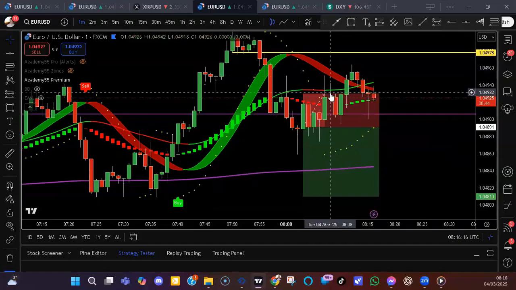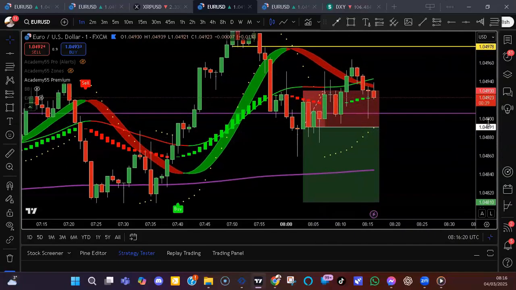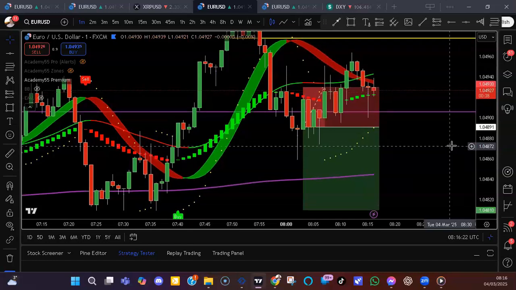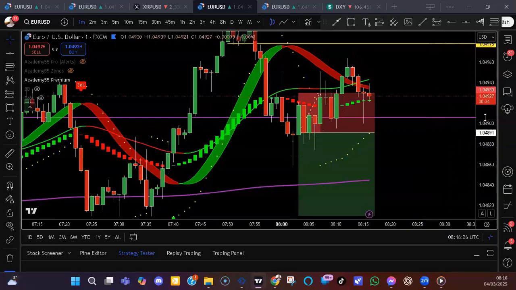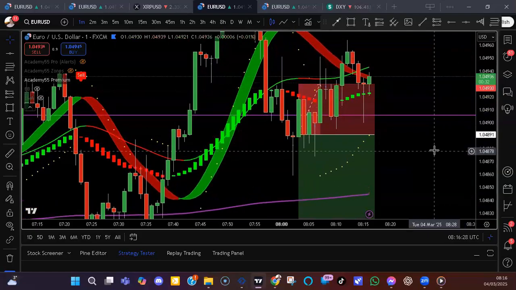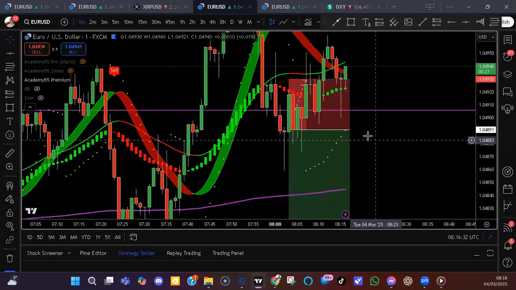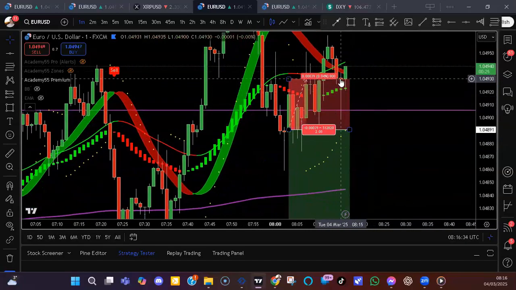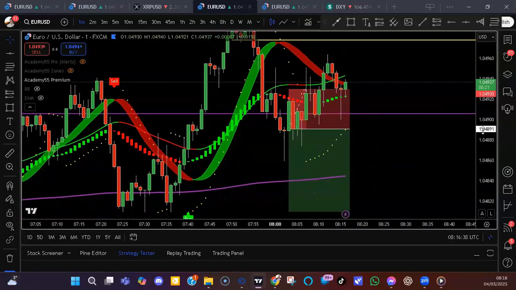Spike there, it took us out. Spike down there. It's too volatile for us to play. We need to see a calmer, less volatile minute candle at least.